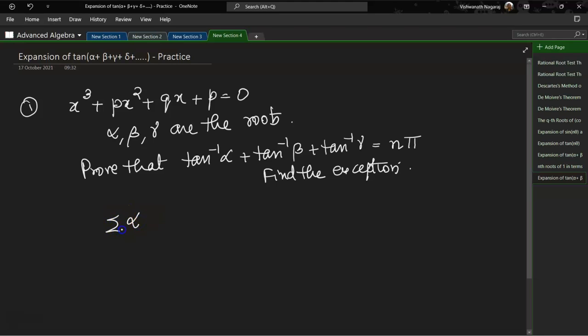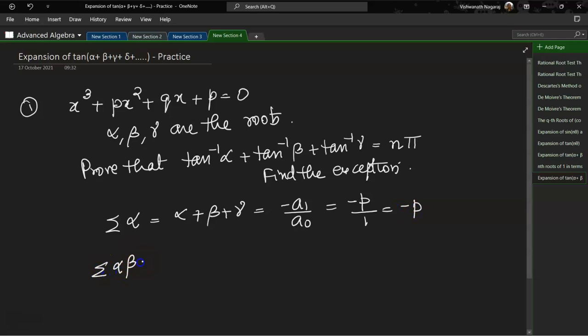we know summation of alpha, which is equal to alpha plus beta plus gamma, is equal to minus a1 by a naught. Now a1 is what? Now a1 is p, so minus p by 1, which is minus p. Okay.